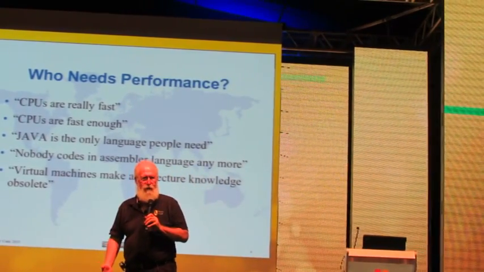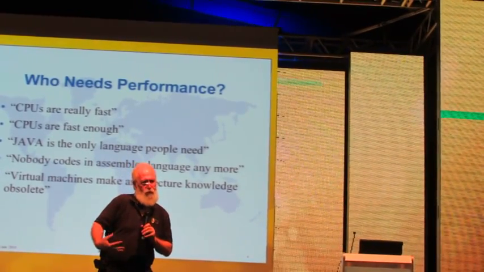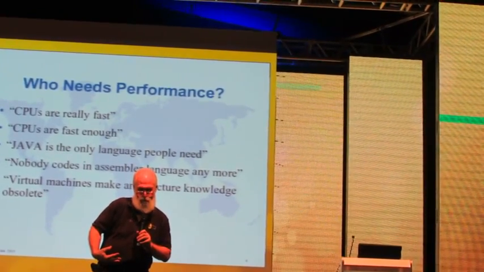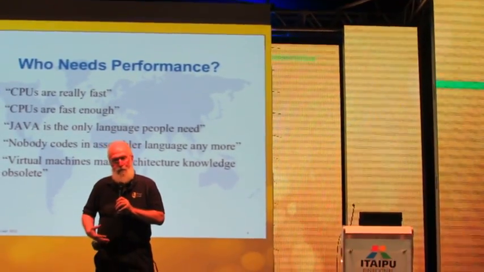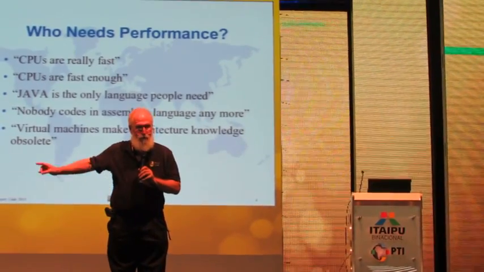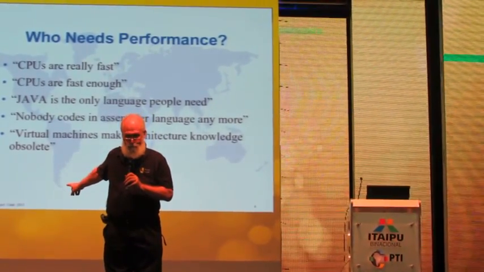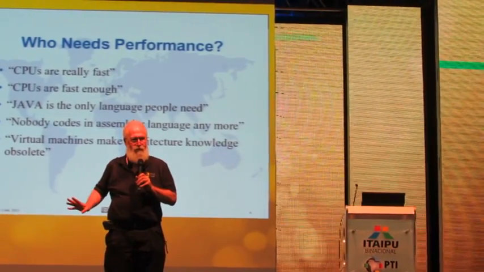They're doing 1 billion instructions per second. They have 2 cores, 4 cores, 8 cores. We're always looking for faster. If anybody ever tells you that CPUs are fast enough, please tell them to go to the back of the line, to the end of the class, because they're never fast enough.